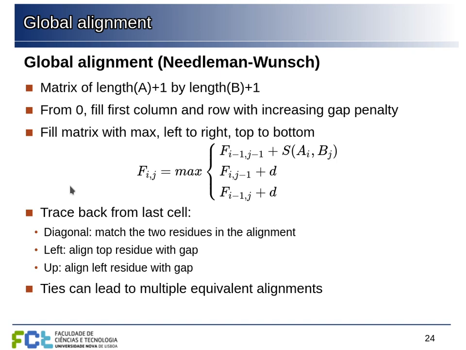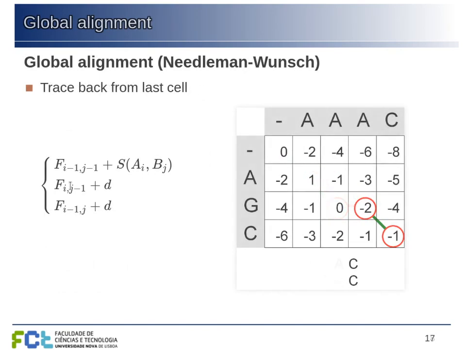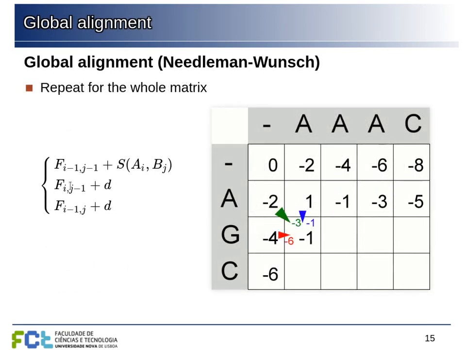And then we can do this procedure of filling the matrix from left to right and top to bottom because we know the best scores, the scores for the optimal alignments for the previous subproblems. And the previous subproblems are the parts of the sequence corresponding to everything in our current cell up and everything to the left.